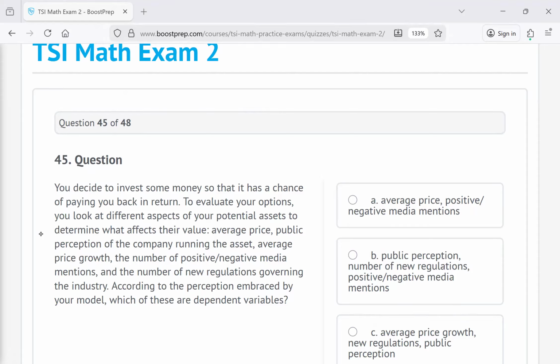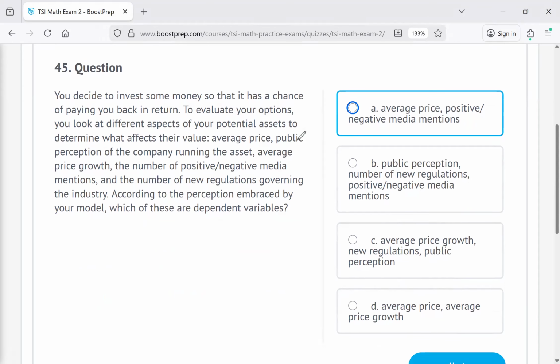Independent is like an X, and dependent depends on the X, right? So dependent would be like a Y value. So which of these could represent a dependent value that depends on the X value? And I'd say it's D, according to average price and average growth. Average price and average growth depend on the X value, right?